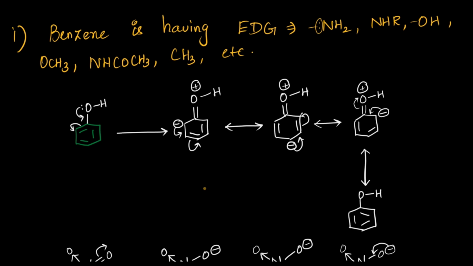Due to the presence of these electron donating groups, as you can see in the resonance structures, the ortho and para positions are electron rich. So the incoming electrophile will attack the ortho and para positions if a benzene ring has an electron donating group.